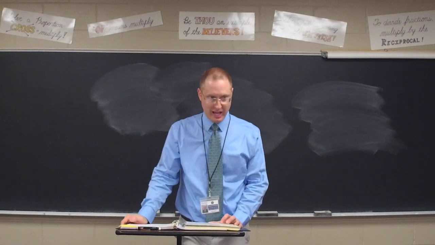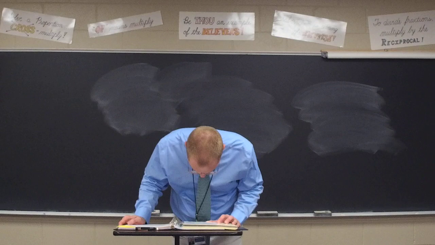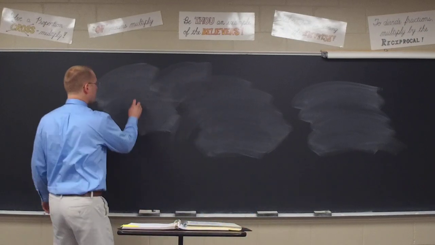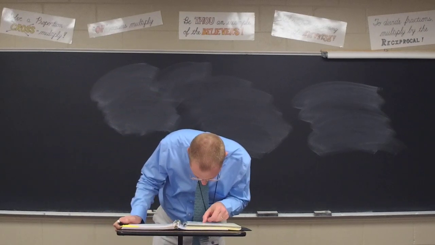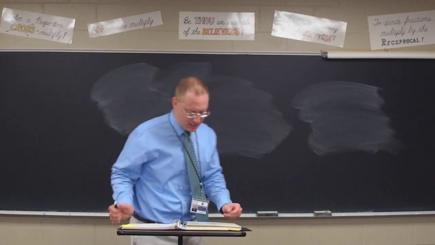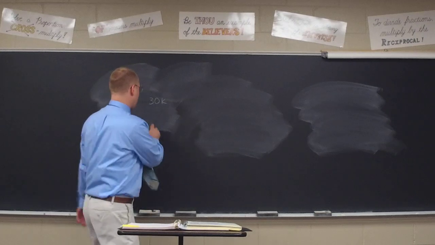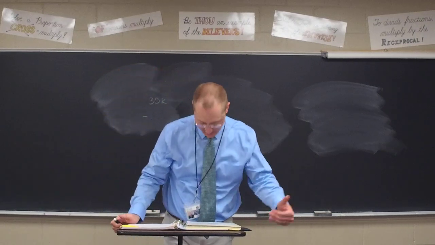First, we need to figure out how many middle-aged women we have. How many middle-aged women, class? 30. I'm getting 30,000 because it goes up to 62 and it starts at 32. So I'm getting 30,000 middle-aged women. And then we have to subtract away how many mature, advanced, wise women we have.